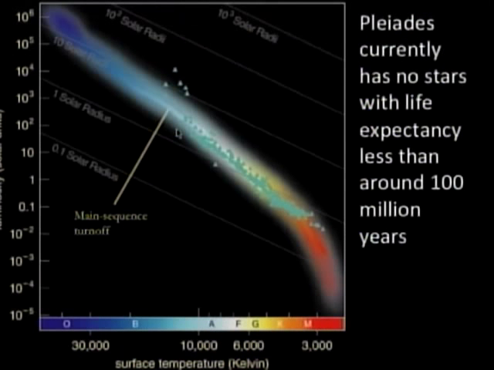So what this plot tells us is that all of the O and B stars are not on the main sequence anymore. They have already died, okay? Since we cannot find any stars with less than around 100 million years of life expectancy, we know that this cluster has to be more than 100 million years old.